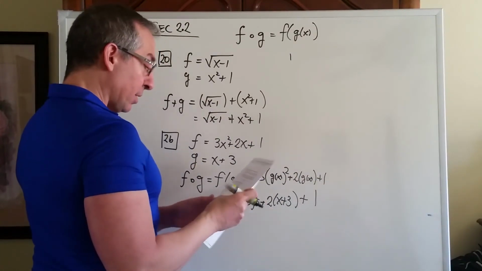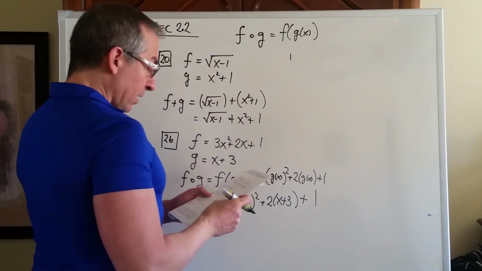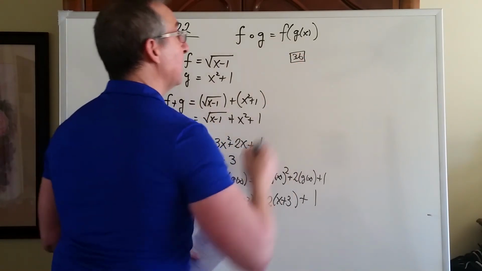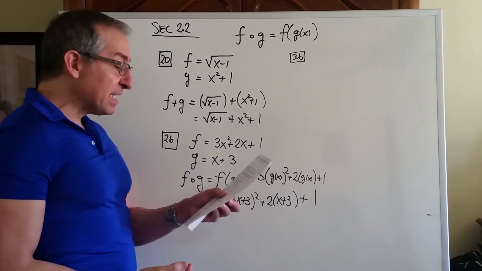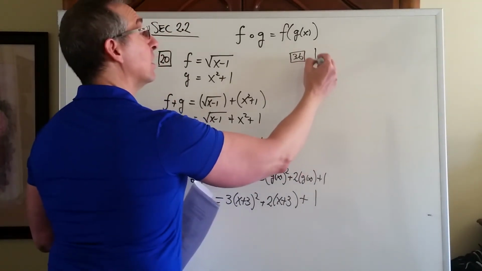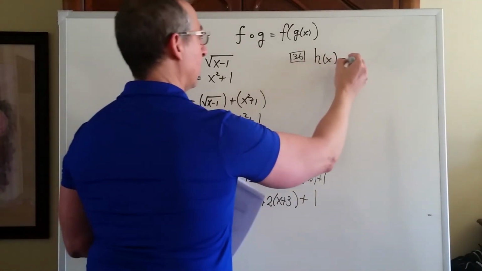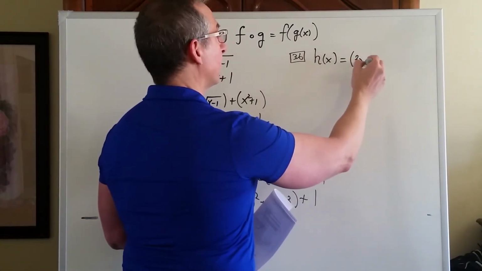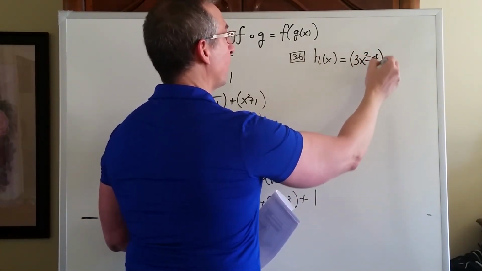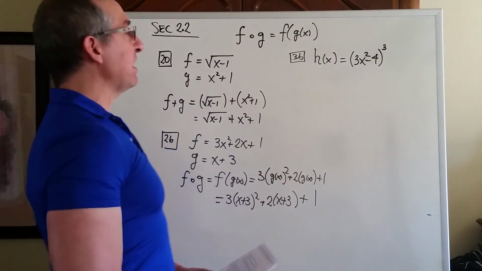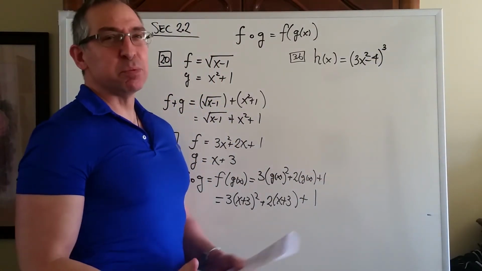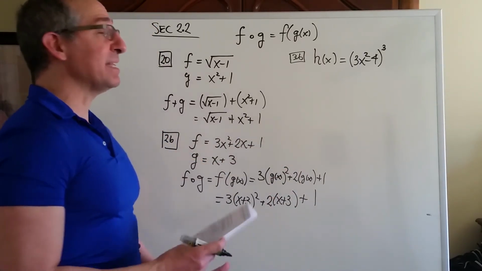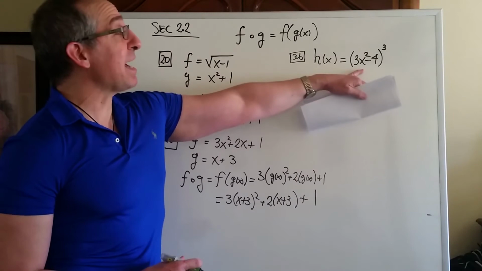This is number 36. Okay. Gang, for this one, number 36, it gives us this function, and all of that is raised to the third power. You don't have to multiply it out. What they're saying is find two functions that you can take the composition of that will lead back to this.